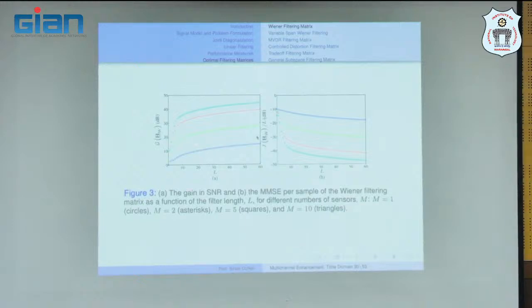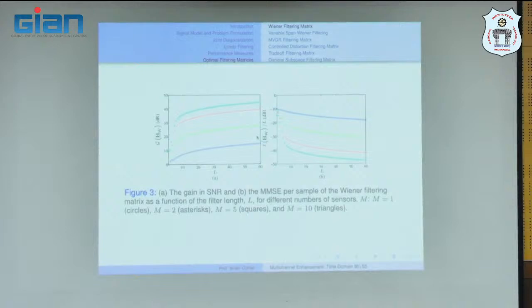M equals 2 is the green, 2 sensors. Here is 5 sensors, and here it's 10 sensors. What we can observe is that when we increase L, the number of samples that we use for each sensor, or when we increase M, the number of sensors for fixed L, we get improved output SNR. We improve the gain in SNR.